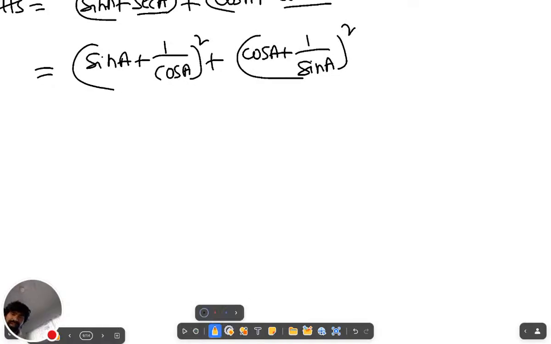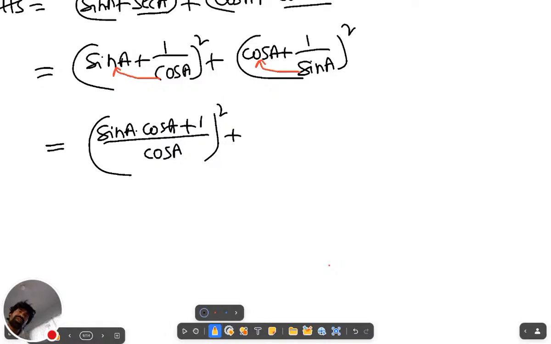Now cross multiply the terms. Multiply cos a with sin a here and sin a with cos a. So we will get sin a into cos a plus 1, whole by cos a whole square.